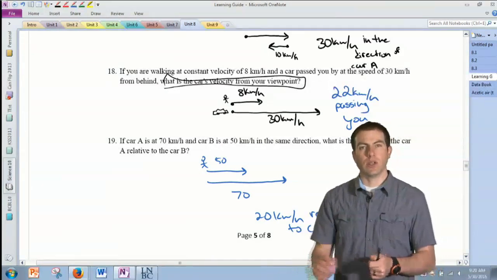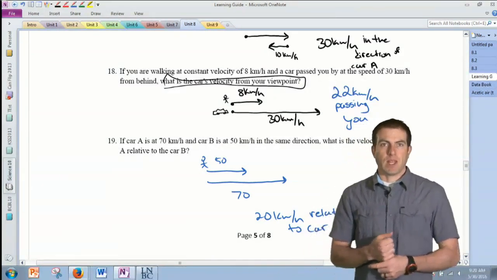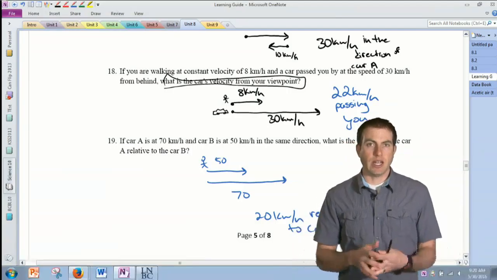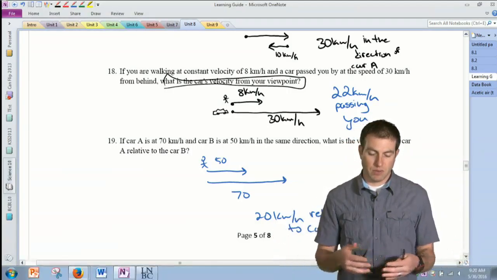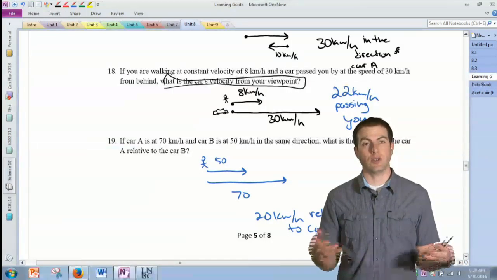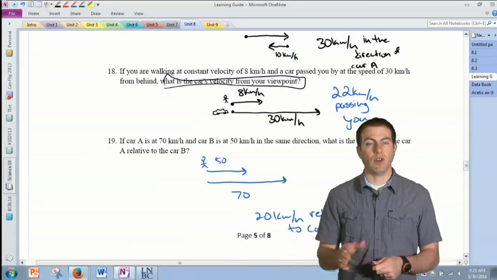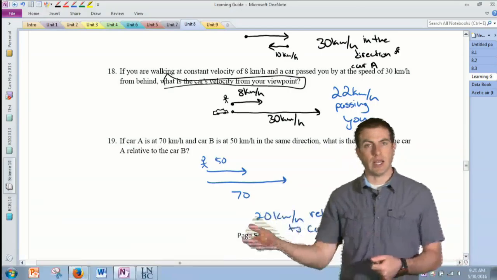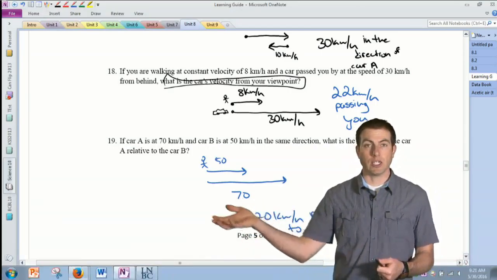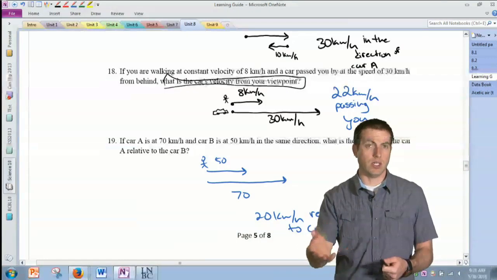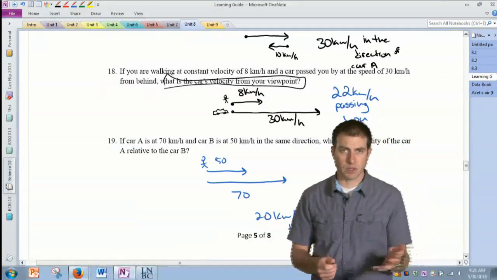With questions like this one, number 18 here, there's no real mention of direction and everything's just positive, so that's fine. If the question doesn't give you any direction, you can't give a direction. If all of the numbers you're given are positive, then your answer's positive, then that means that your answer is in the same direction as the initial sort of parts of the question.